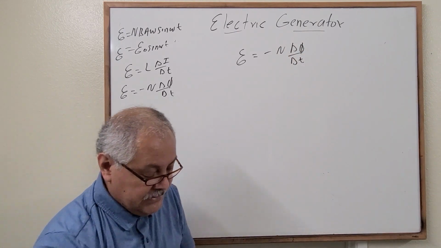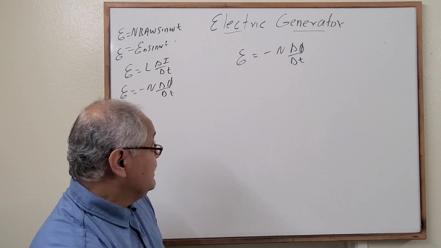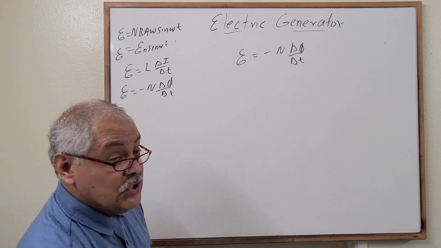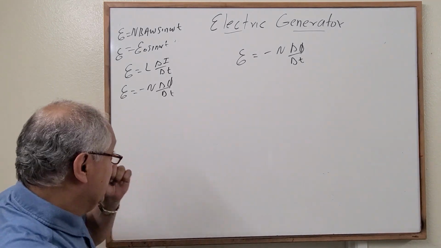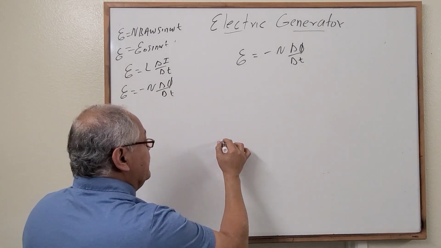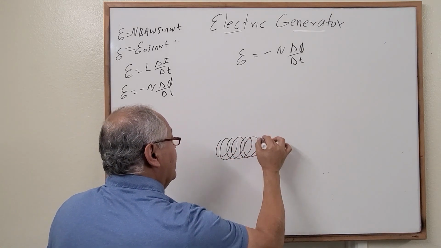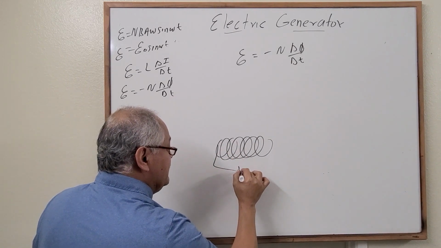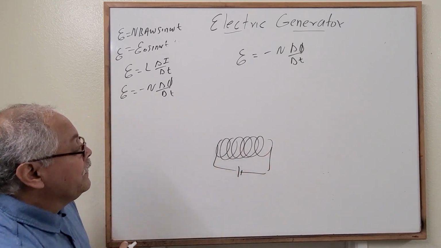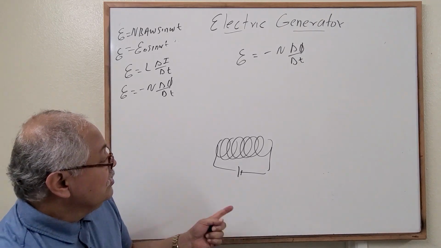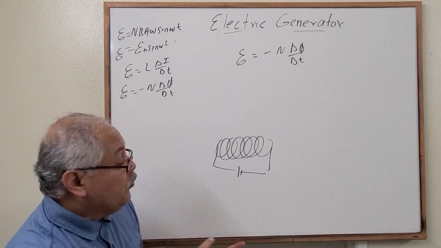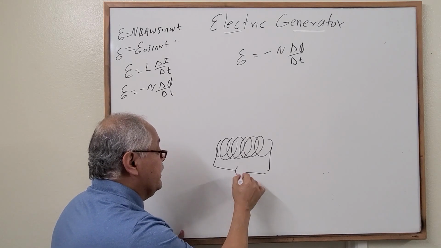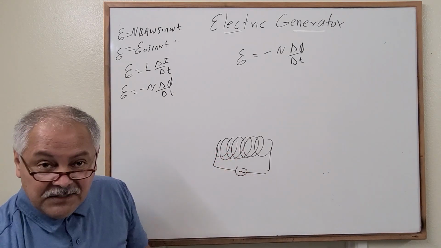Now, it's also found that for a solenoid, this is a solenoid, and inside, when we have current through this solenoid, we can use a battery or a generator, we have a magnetic field inside.